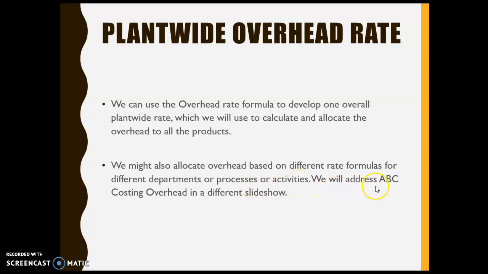We'll take a look at different departments and different types of products later in this PowerPoint show. ABC costing is where we do overhead based on activities, and we can do that as well. That is a separate PowerPoint.